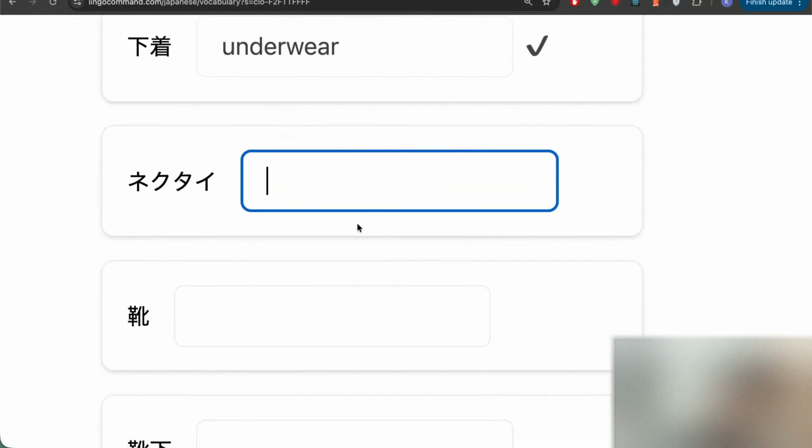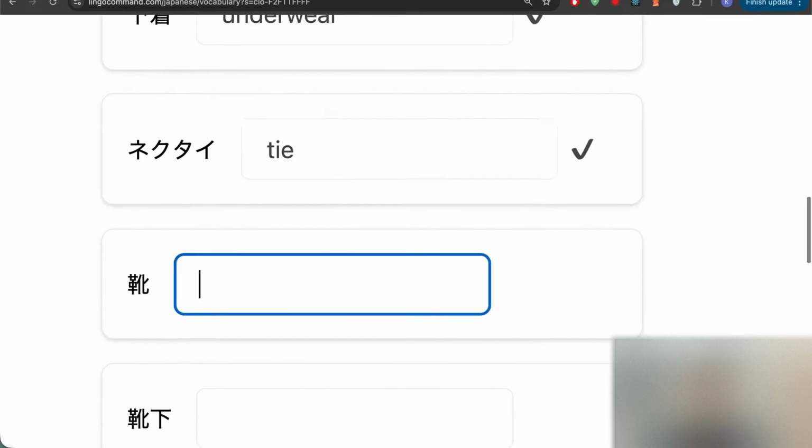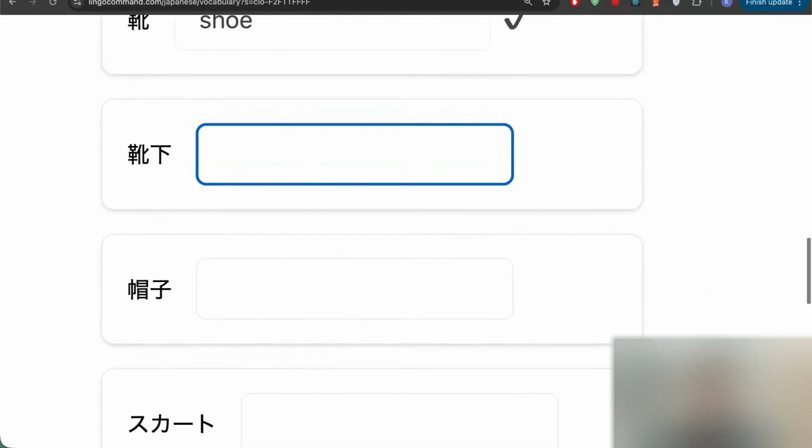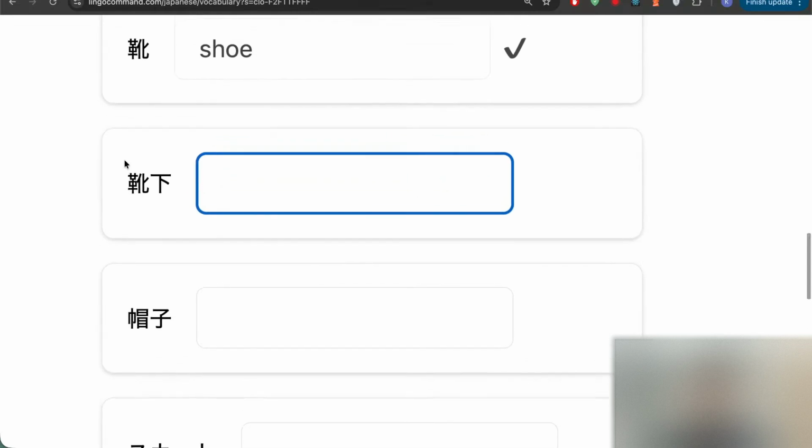Now this next one is once again katakana. It's necktie, which means necktie, or like in plain English, a tie. And this is kutsu, which is shoe. And then here we've got two kanji, and note that the first one is the kanji for shoe.